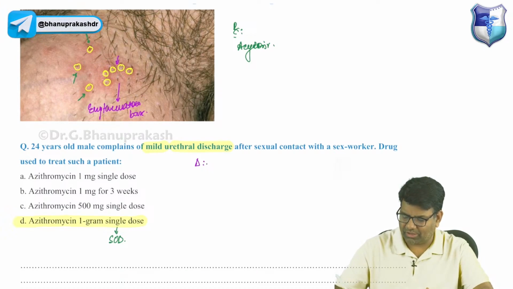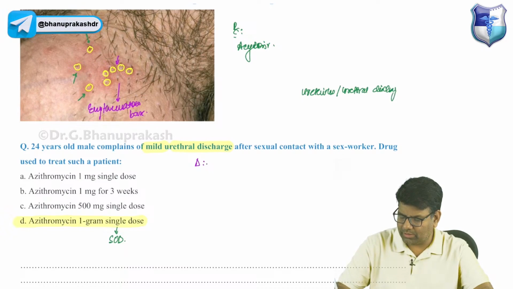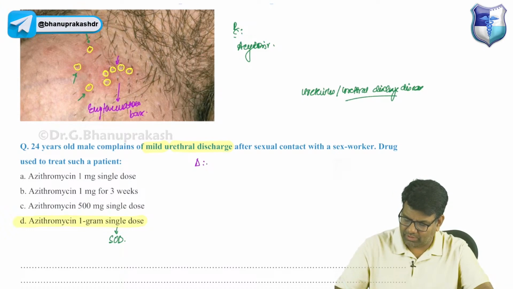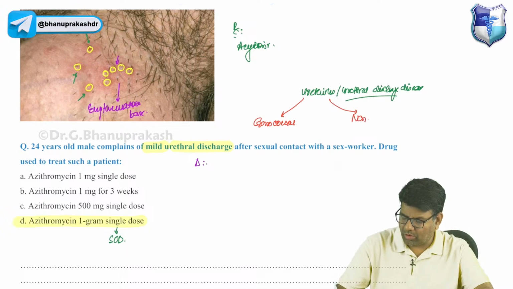See, urethritis is a broad term. Urethritis or urethral discharge is a broad term, and in this we discuss two conditions. One is gonococcal urethritis and another is non-gonococcal.